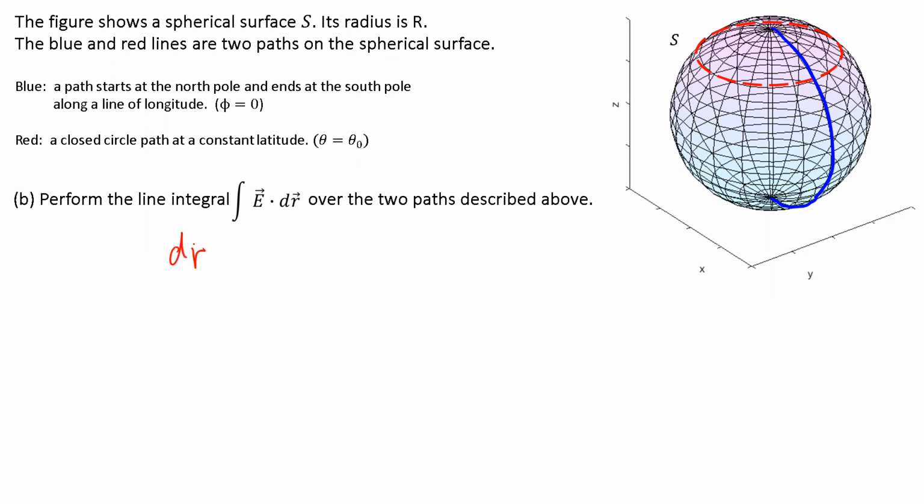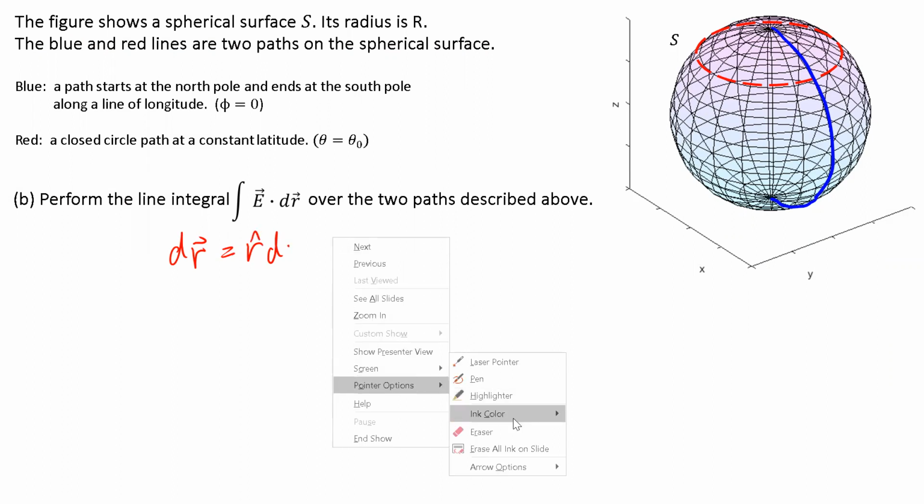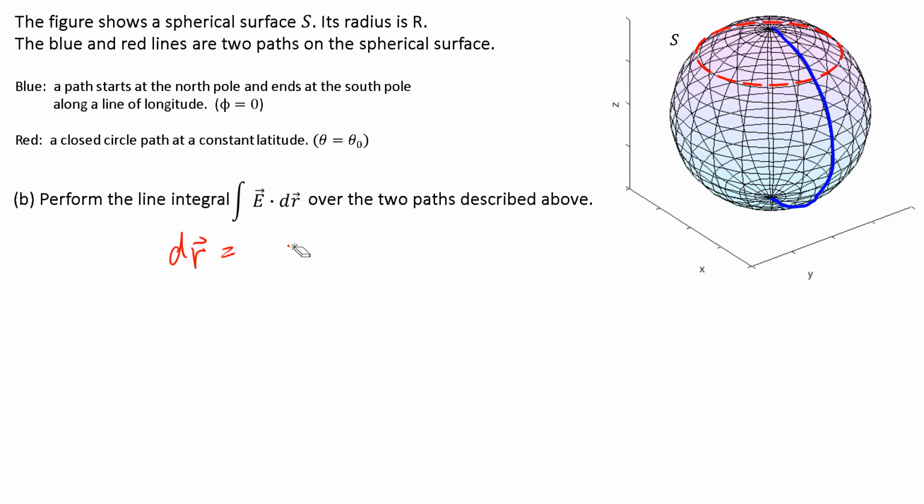So let me write down dr again. dr is dr r hat plus r d theta theta hat plus r sine theta d phi phi hat.